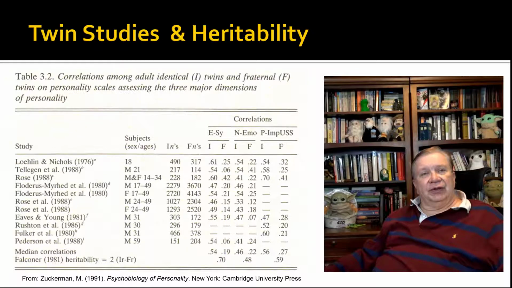Well, the thing to look at really is the bottom line, where Zuckerman looks at the median correlations across all of these thousands of twin pairs and calculates Falconer's index.